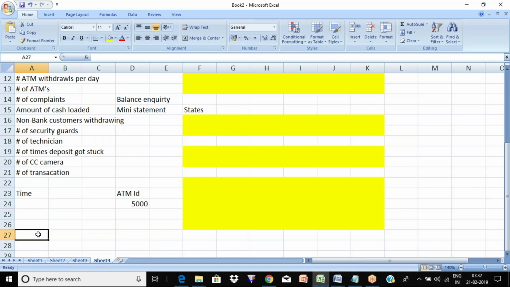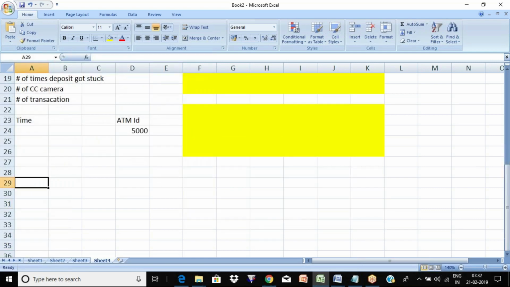Let's say out of 8 to 9, how many customers in the morning, then 9 to 10. I'm just giving an example of duration. Whenever we talk about customer footfall, at what times are most of the customers coming?